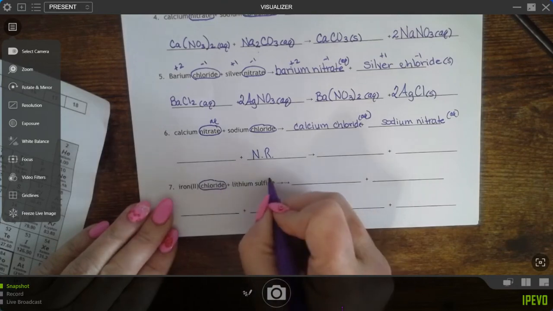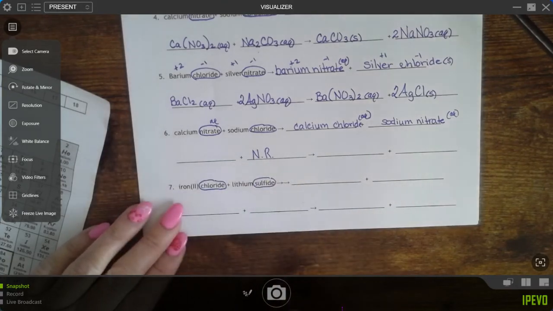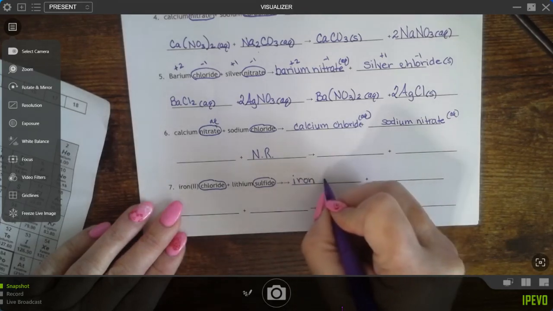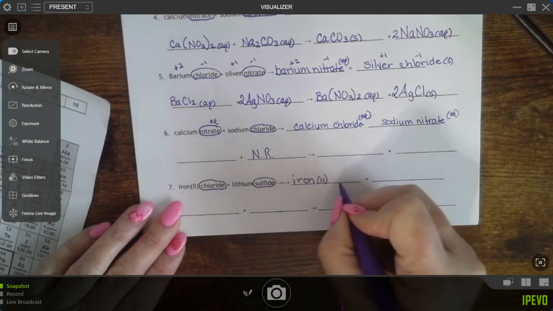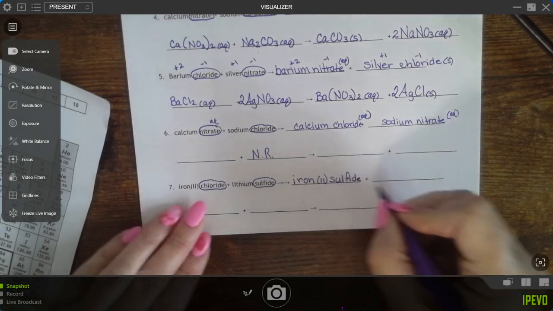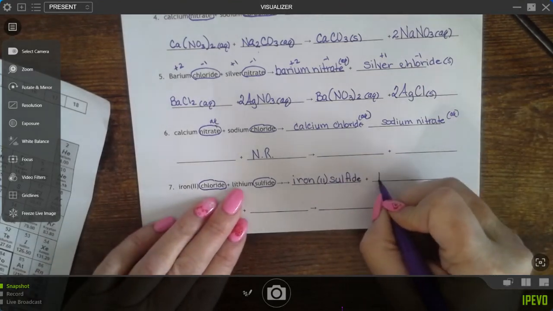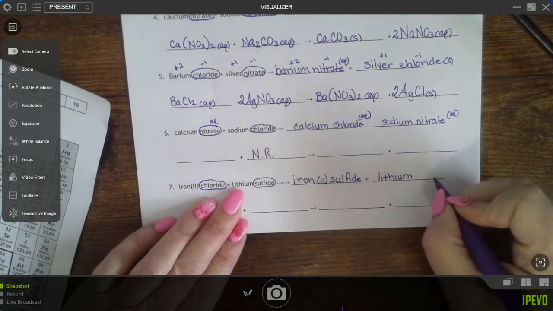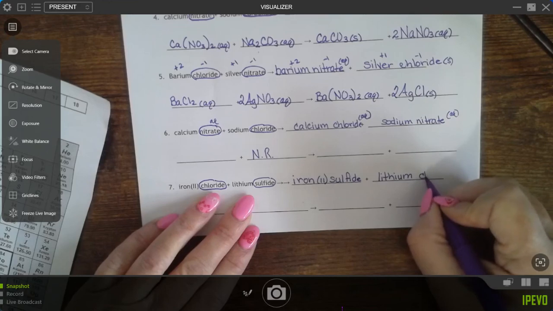So my chloride and my sulfide are going to switch places. That's going to give me iron 2 sulfide plus lithium chloride.